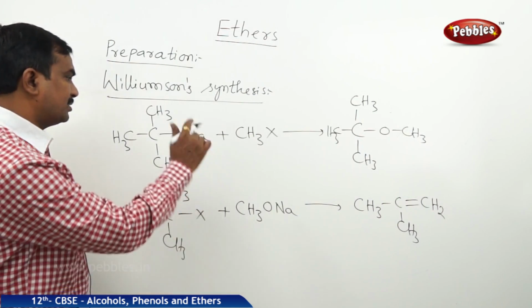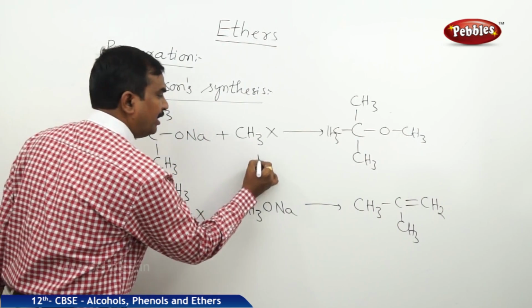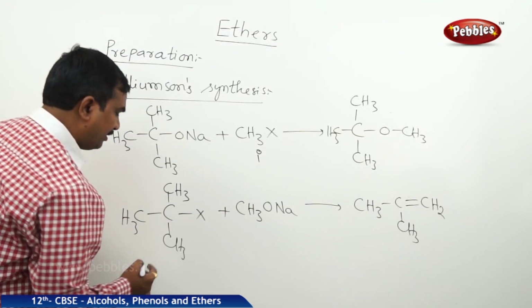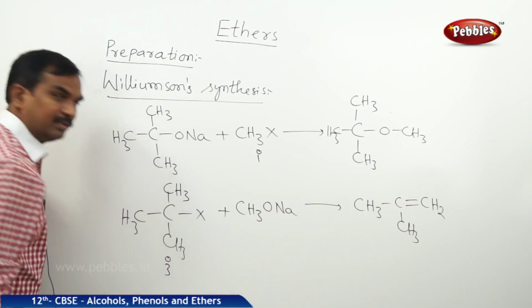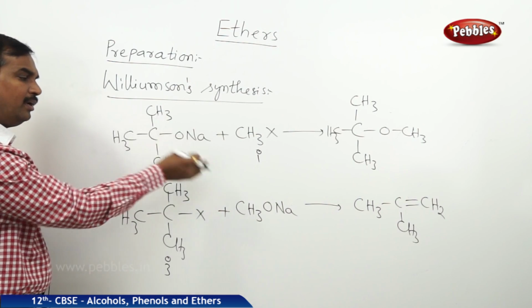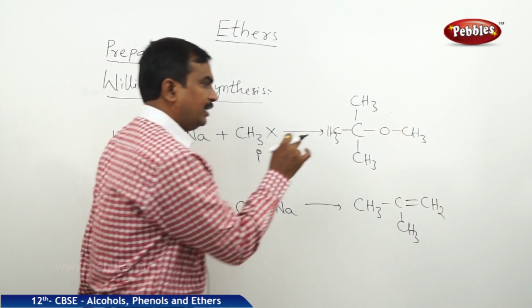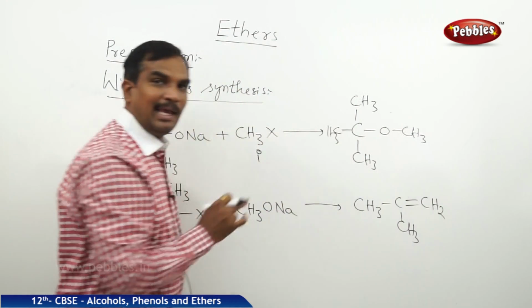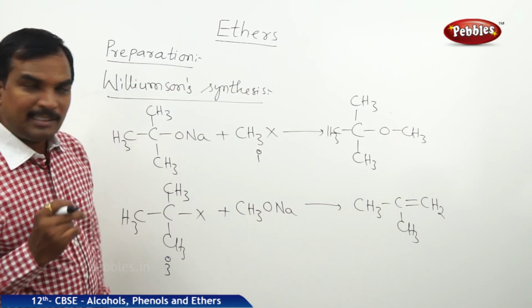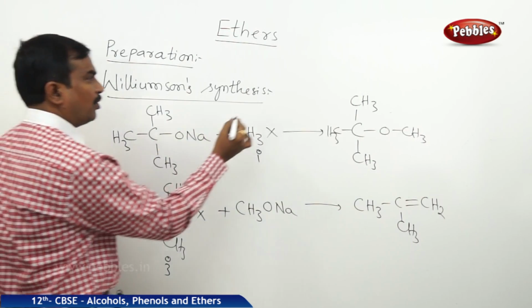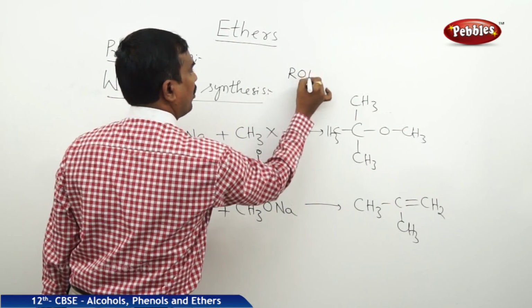If you see both cases, here we are taking the primary alkyl halide, but here we are taking the tertiary alkyl halide, with the corresponding sodium alkoxide. Why is the product here this one, and why is the product here the eliminated product? The reason we can explain by considering the sodium alkoxide.